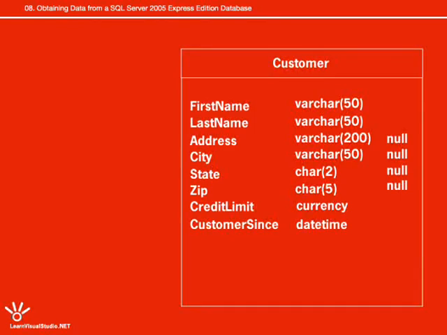These fields do not have to be supplied in order for the record of data to be saved successfully into the database. However, if first name or last name is missing, the database can reject the attempt by the application or the user or whatever the case might be to try and save data into the database. This is in an effort, again, to maintain the integrity of the data in the database.